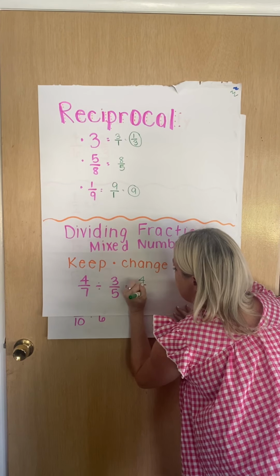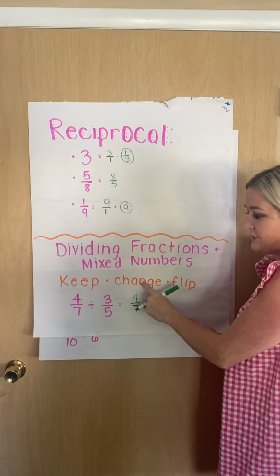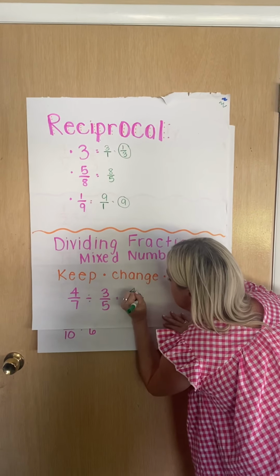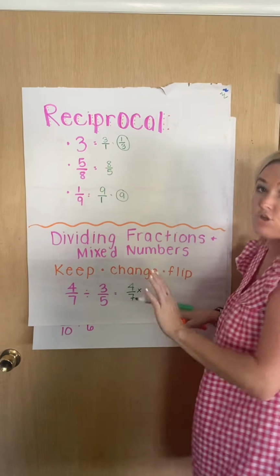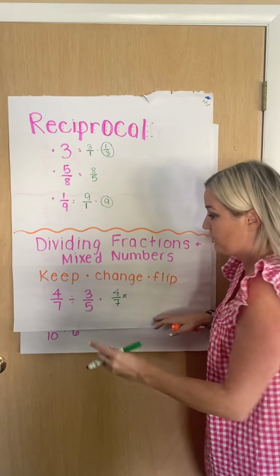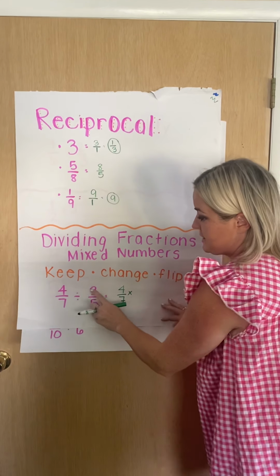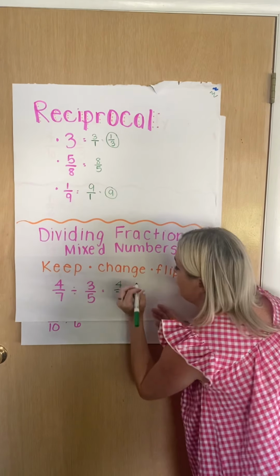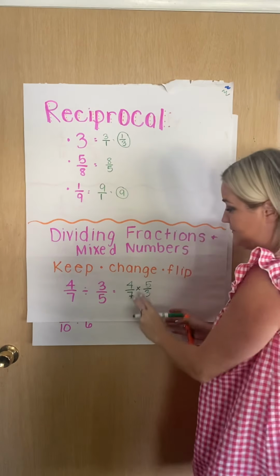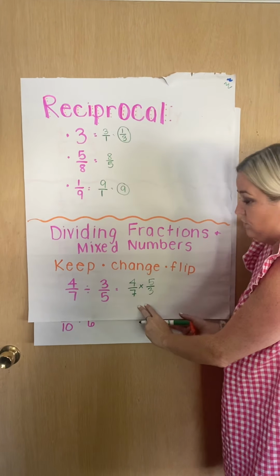I'm changing my sign, so since I'm dividing, I'm going to make that multiplication. And it's always multiplication. Then I'm going to flip, which means I use the reciprocal of my second fraction. So 3/5, I know that my reciprocal is 5/3. And then I'm just going to follow along and multiply like I normally would.